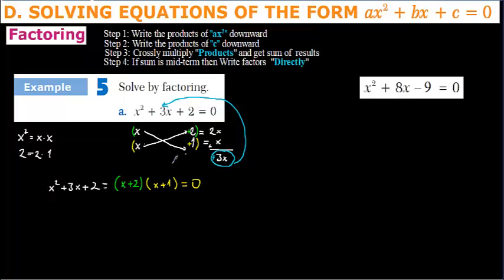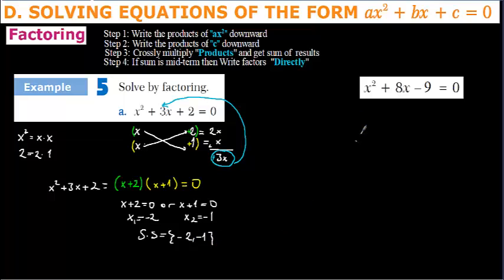Then if I set it equal to 0, it means that one of them is going to be 0. X plus 2 is equal to 0, or x plus 1 is equal to 0. X1 is equal to minus 2, x2 is equal to minus 1. So the solution set is minus 2 and minus 1.